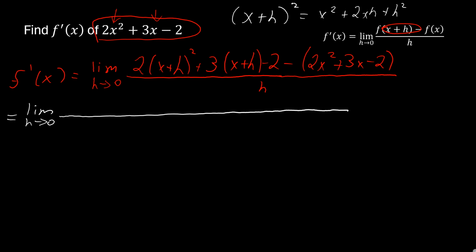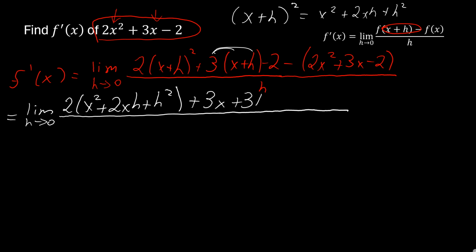So we have 2 times x squared plus 2xh plus h squared, plus, and then of course we're going to distribute that 3, that'd be 3x plus 3h minus 2.